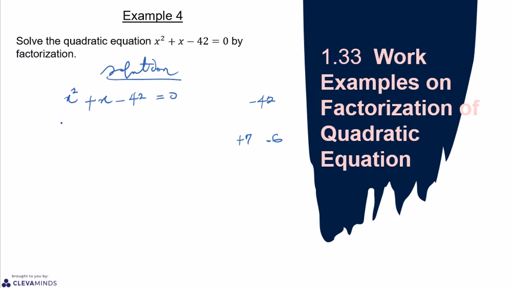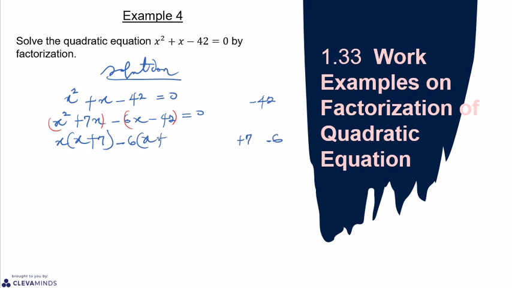So the idea is to now say x squared plus 7x minus 6x minus 42 equals 0, right? Good. Then you have x into x plus 7. Remember, you can do this to make it clearer. So we have negative 6 into x plus 7.